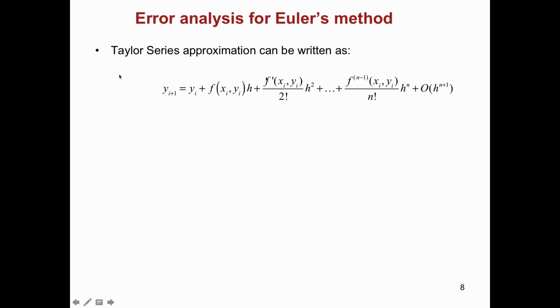So our Euler's method is really you kill the higher order terms in the Taylor series, and that's where it came from. Okay. What other method can be derived from Taylor series in root finding, to review for the test?